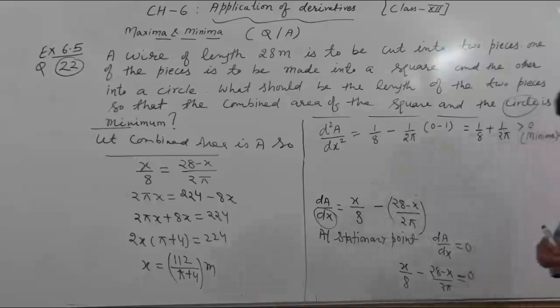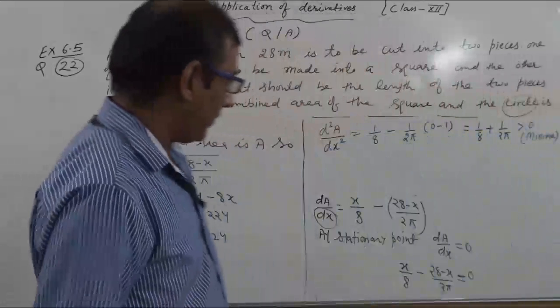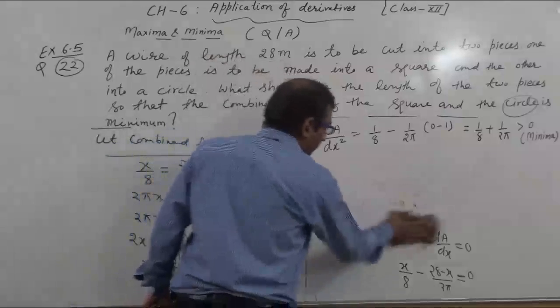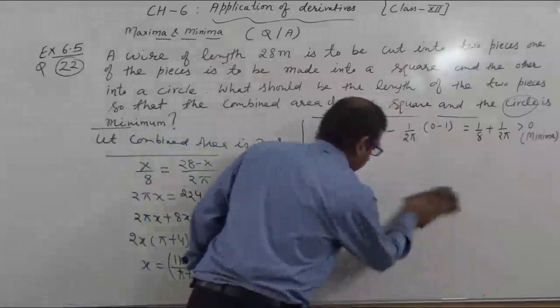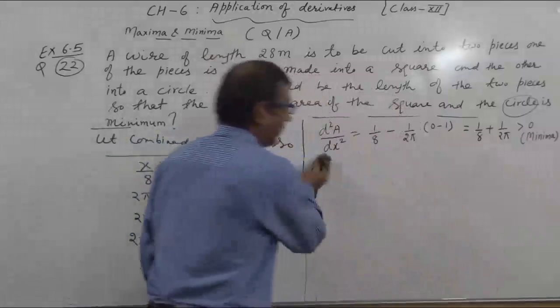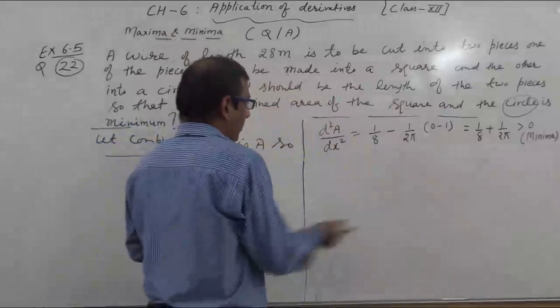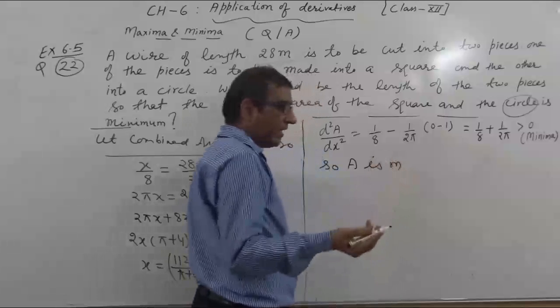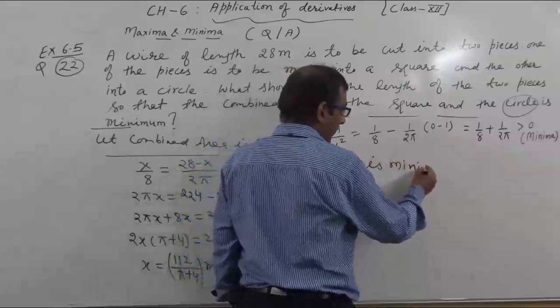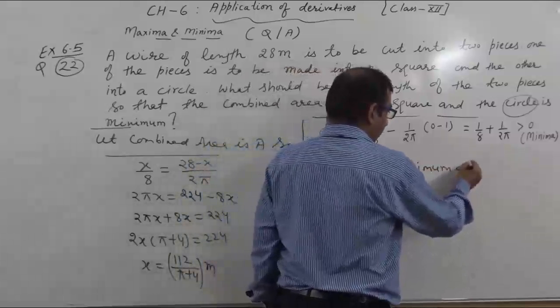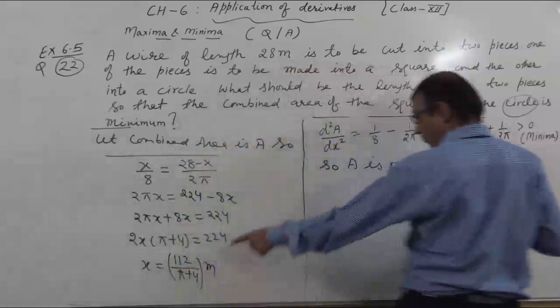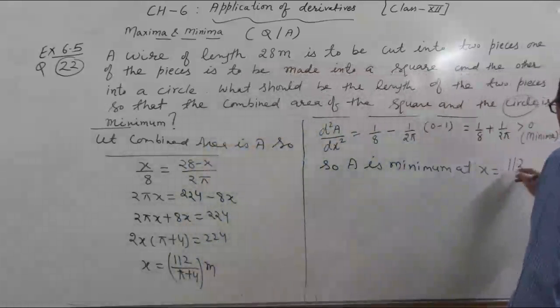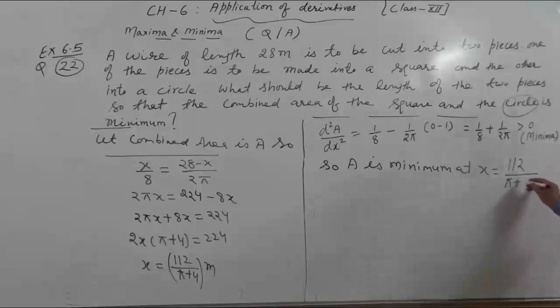So after this, we can say A is the combined area, so A is minimum at x equals 112 upon pi plus 4 meter.